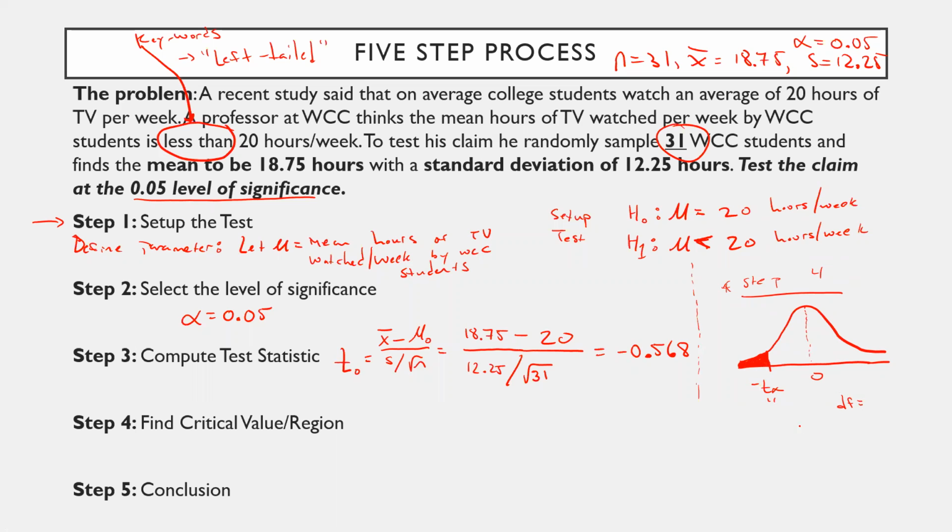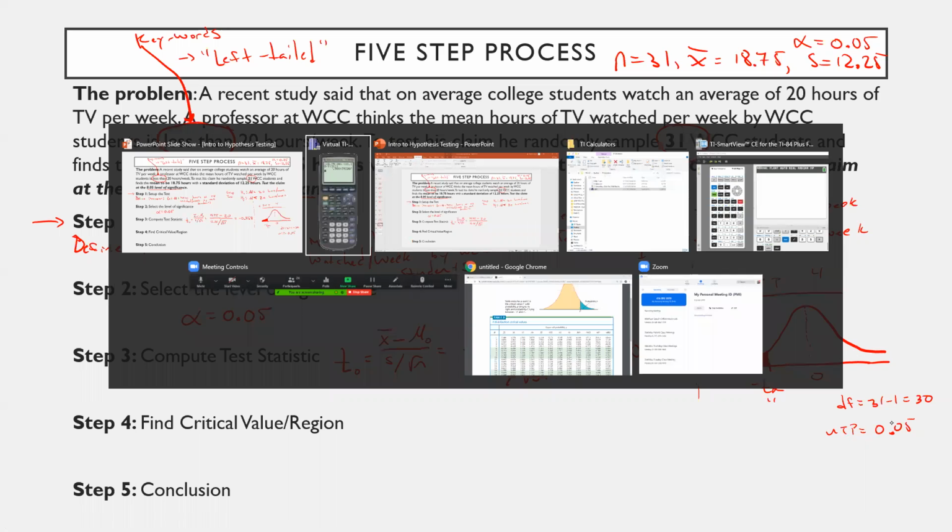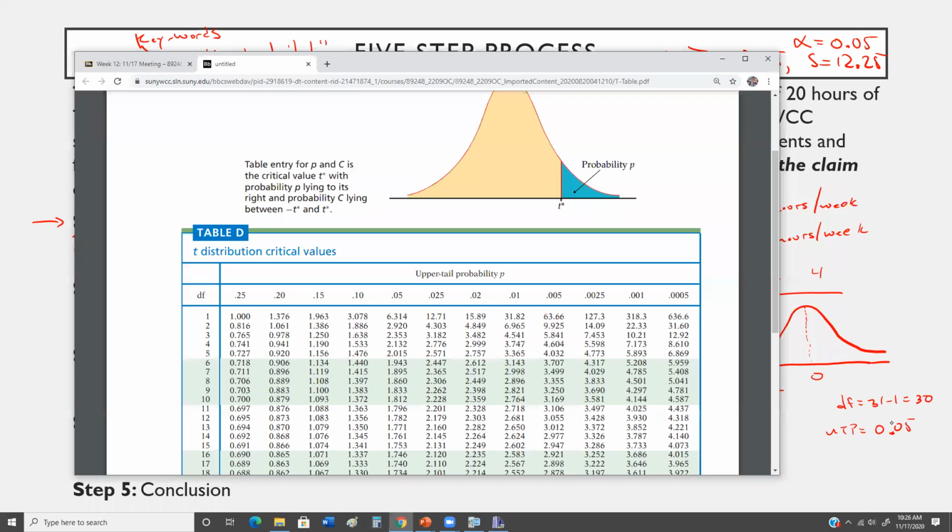Can anybody tell me what the degrees of freedom are for this problem? 30. Yep, it's n minus 1, so 31 minus 1 is 30. And the upper tail probability, I just said, is alpha. Do I give you alpha? Yes. It's 0.05. So we're just going to grab this t table right here.